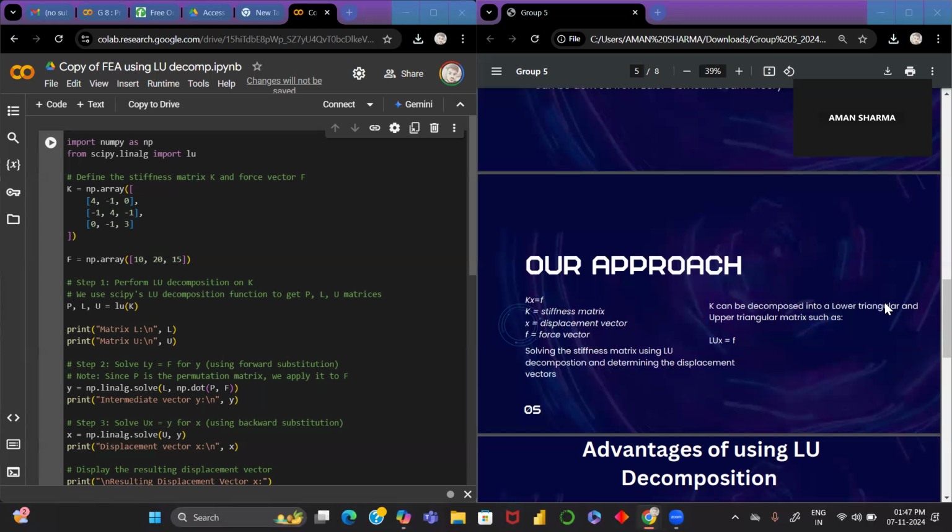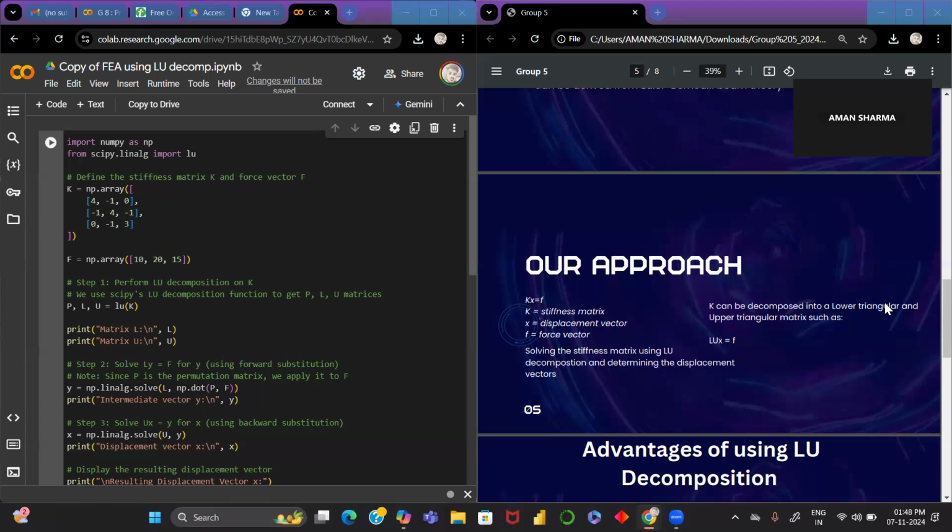First of all, we want to perform this in three steps. First, we decompose the stiffness matrix into L, U, and P. Then we find Y, the intermediate matrix, and at last we find the displacement vector X. So first, we define the stiffness matrix and force vector: K = np.array, giving the matrix, and F = np.array, giving the force vector.